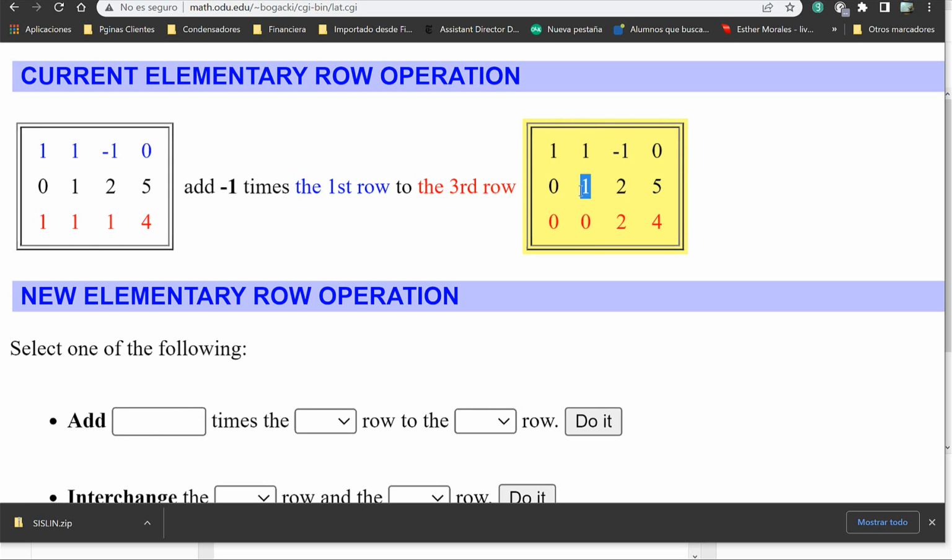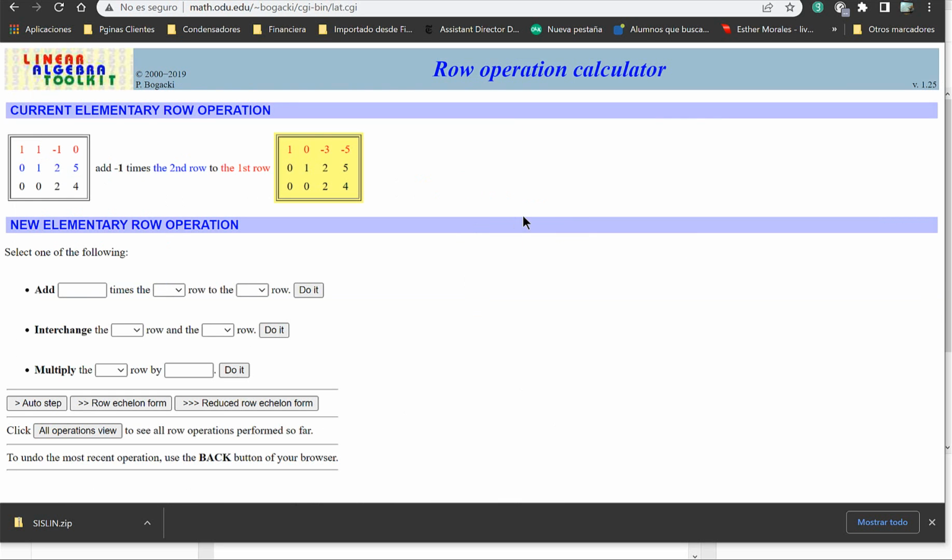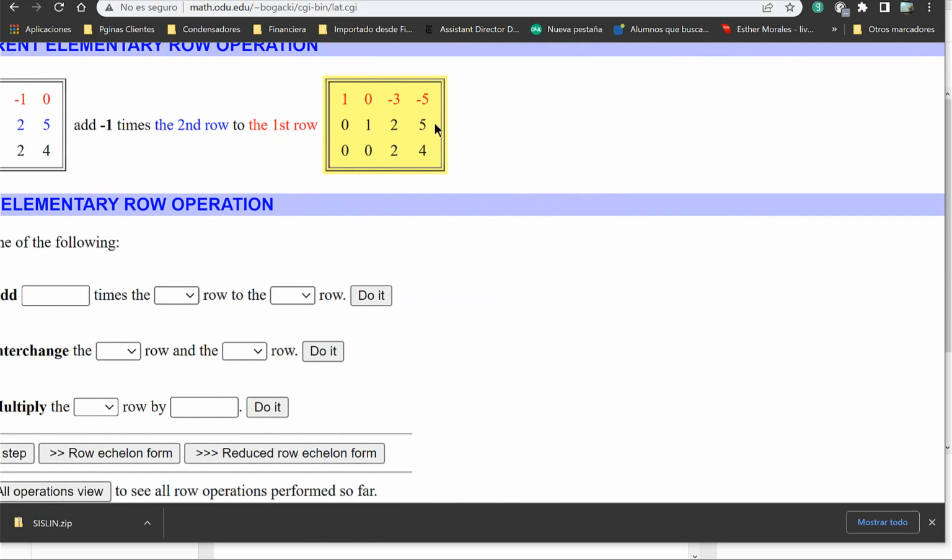If I add minus 1 times the second row to the first, I'll get a 0 here. Do it. I get 0, 0.